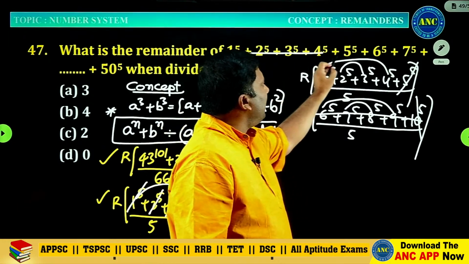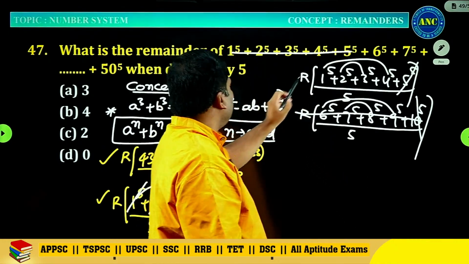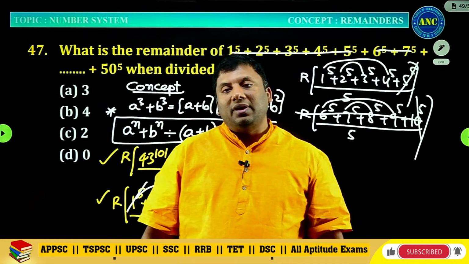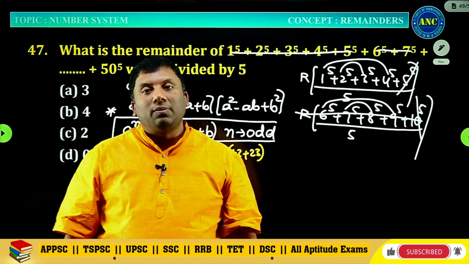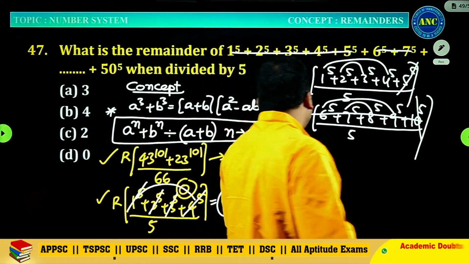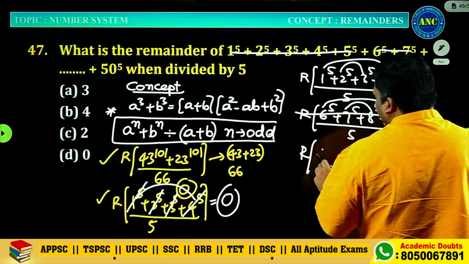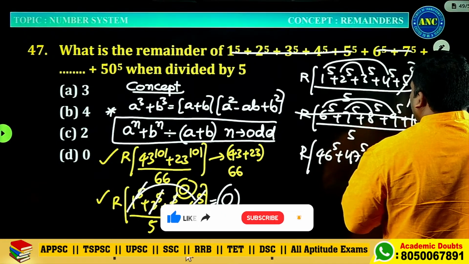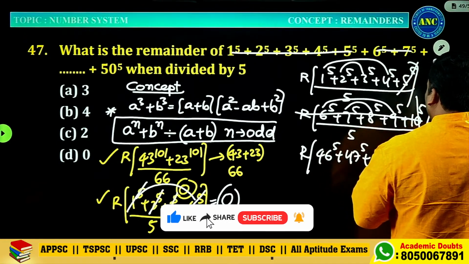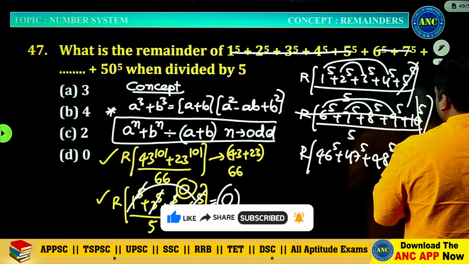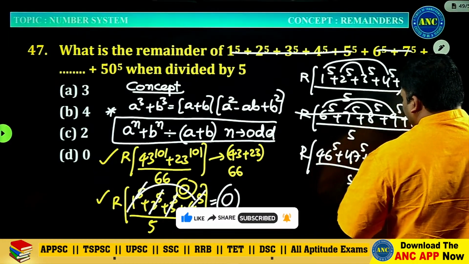The first 5 are divisible by 5, the second 5 are divisible by 5, and like that till the last 5: 46^5, 47^5, 48^5, 49^5, 50^5, divided by 5.